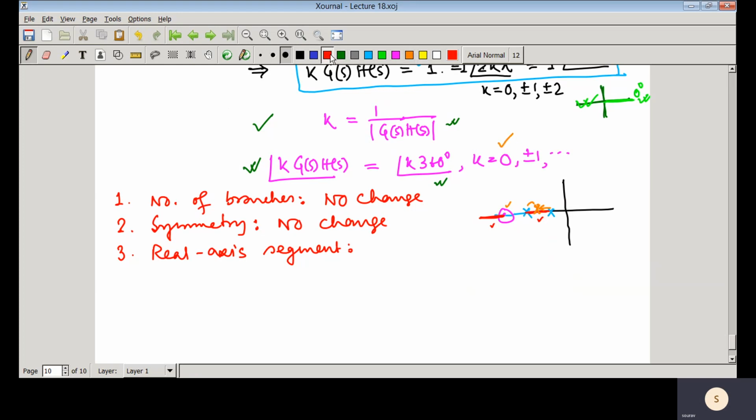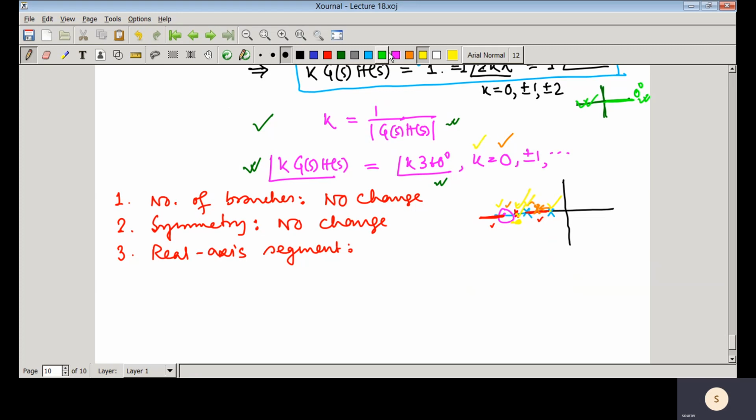But if you consider the point here, then you can see the contribution for this one is 180, for this one is 180, that means that would be 360 and from 0. So this particular point is satisfying this angle condition.